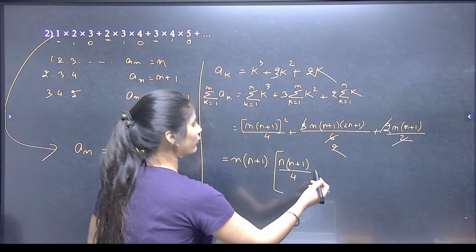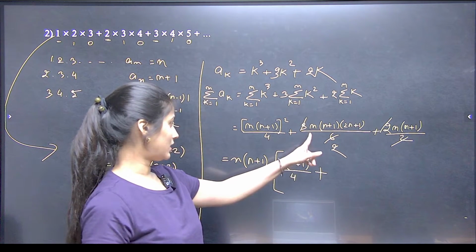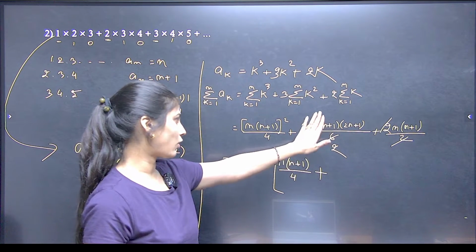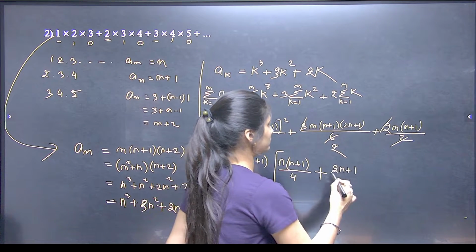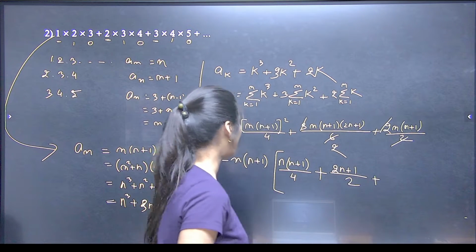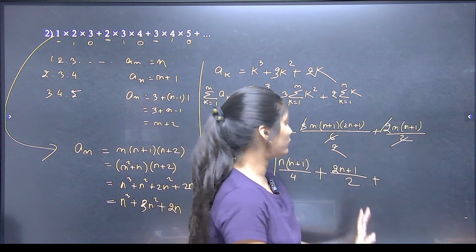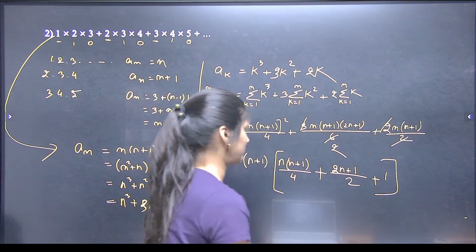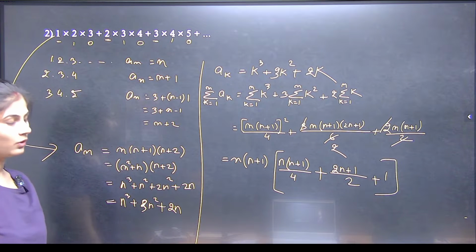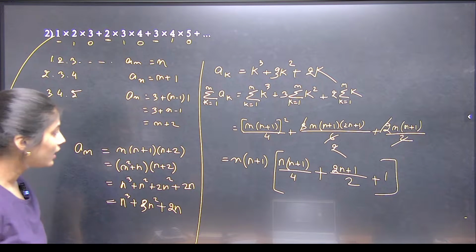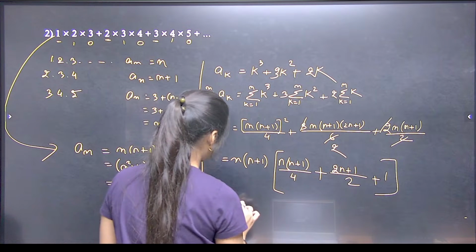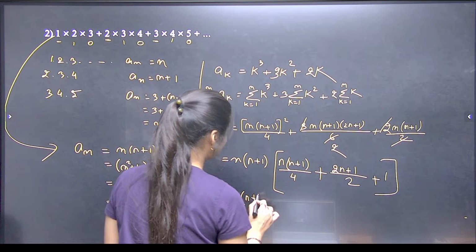Okay, in the next group what we have? In the next group we have n plus 1 taken common. We have 2n plus 1 by 2 plus, now n plus 1, so we have only 1. Okay, so after taking common we have this thing. Got it? Now in the next step we can take LCM, isn't it?